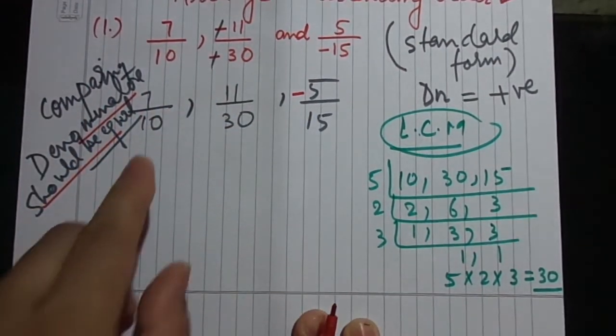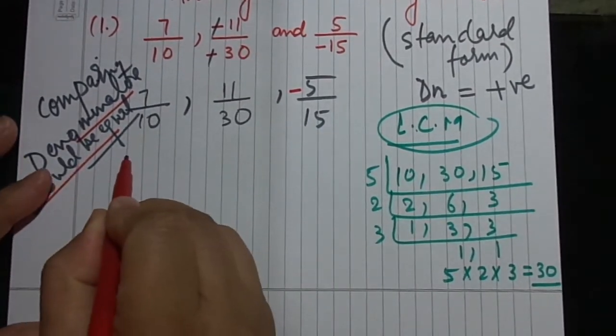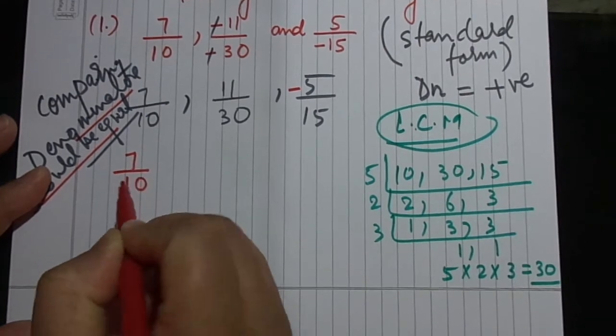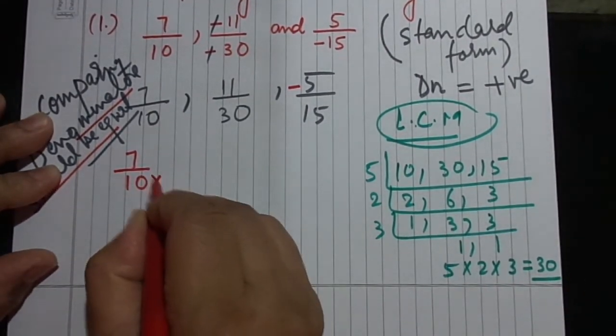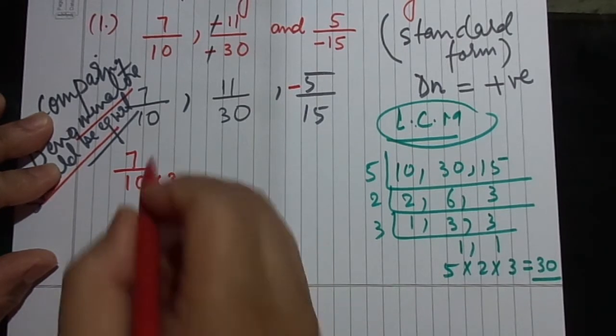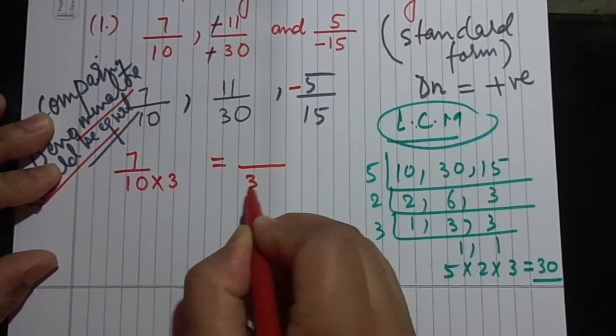Now I have to make all the denominators equal to 30. So how can you make 7 by 10 equal to 30? Let me see. If I multiply with 3, this will become 30.